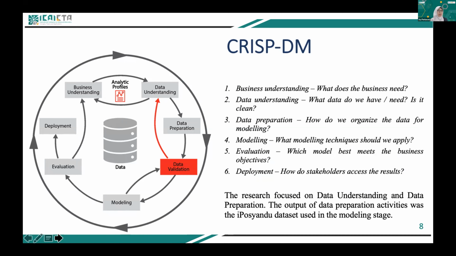So we have some kind of staging in the research. I focus on data understanding and data preparation at first. Then after we have a data set that is good enough, in the next stage we will do the complete CRISP-DM part of modeling, evaluation, and also deployment.